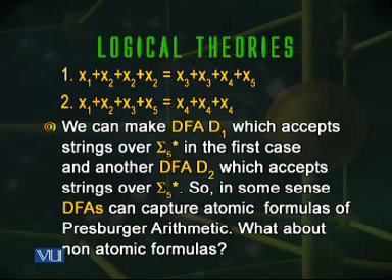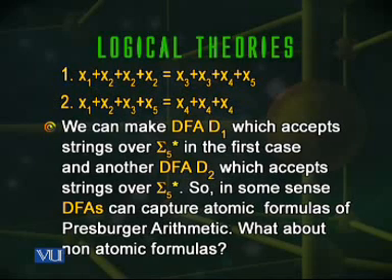We know that we can make a DFA D1 that accepts strings over this alphabet sigma 5 star in the first case, and a DFA D2 that again accepts strings over the alphabet sigma 5 star. So in some sense, these DFAs capture the atomic formulas of Pressburger arithmetic. Well, what about non-atomic formulas?